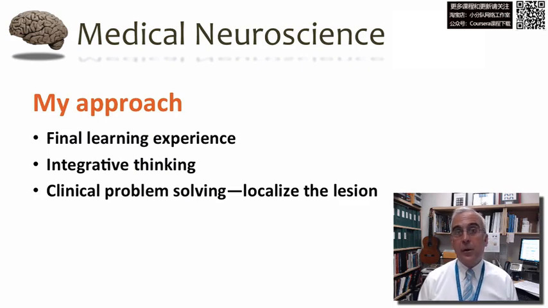So obviously we need both. We need the clinical expertise and we need the best technologies that can help us understand the nature of injury and disease that afflicts the nervous system.